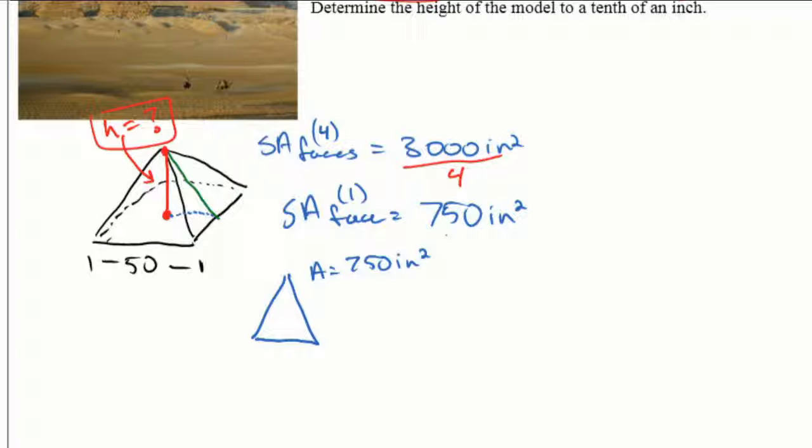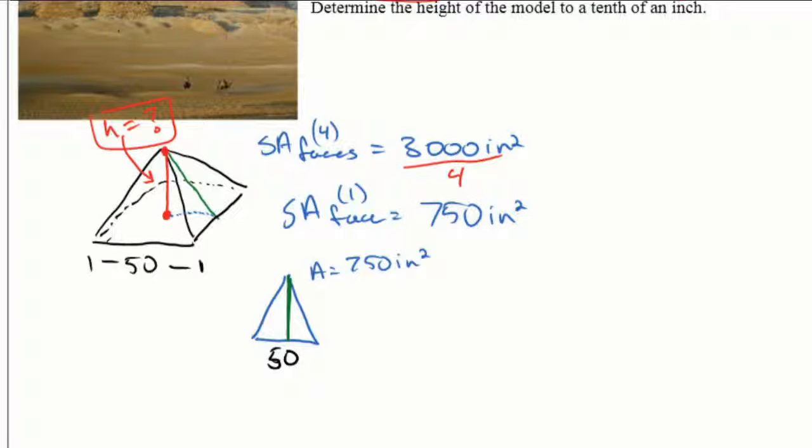I know the base length of a face is going to be 50 from the picture above, and that was given right in that question. So if I could figure out the height of this triangle, that would give me the green line on my other image here, and then from there I could figure out the red line. So we're kind of working our way backwards.